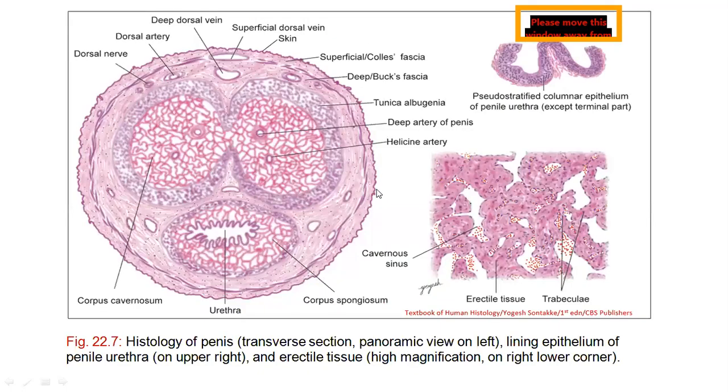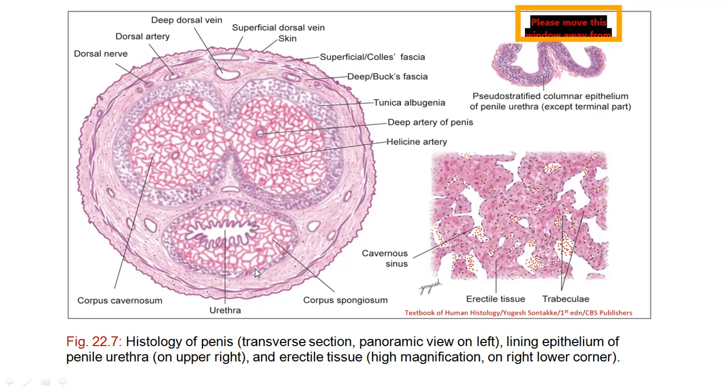This is a very beautiful picture of the histological slide which is prepared. The same things are labeled: skin, superficial Colles fascia, deep Buck's fascia. We have the tunica albuginea covering the corpora cavernosa. You have so many caverns. Here you have the deep artery of the penis.